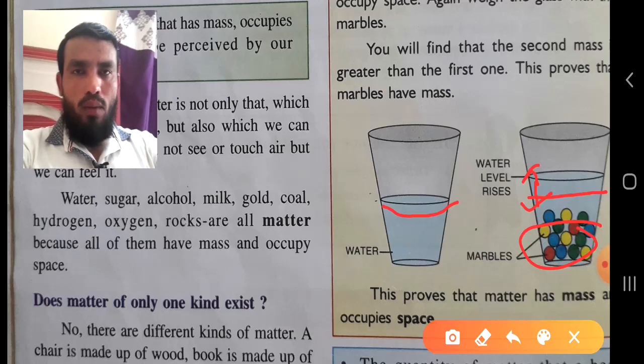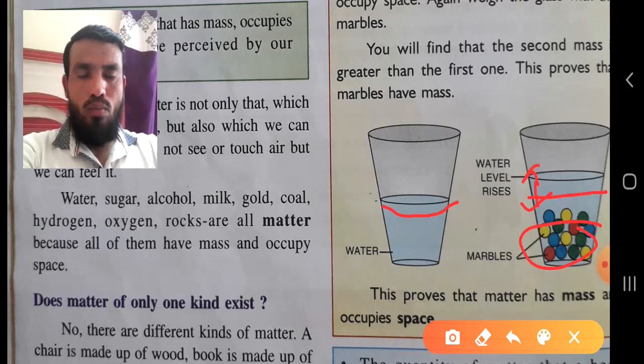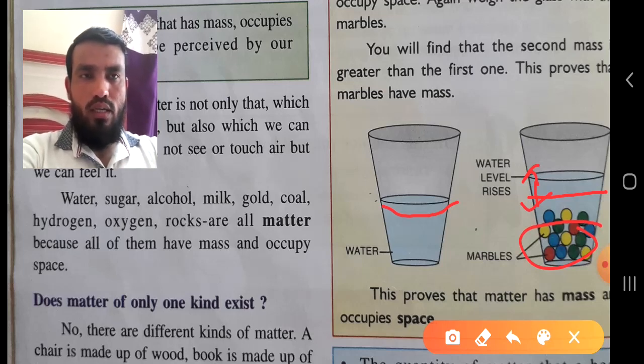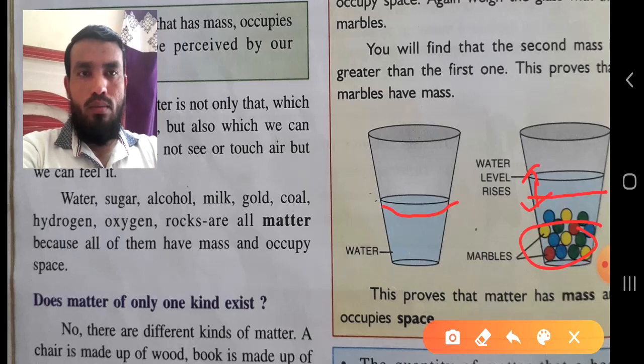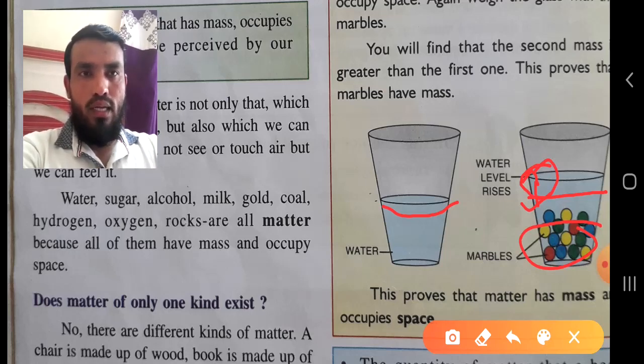Because our marbles are a solid material, and we have already said that anything that has mass occupies space. So when you add the marbles, the water level increases, which means the marbles occupy space, because whatever space is occupied by the marbles, the water rises by that much. This addition to the water level from the marking level is the space occupied by the marbles.